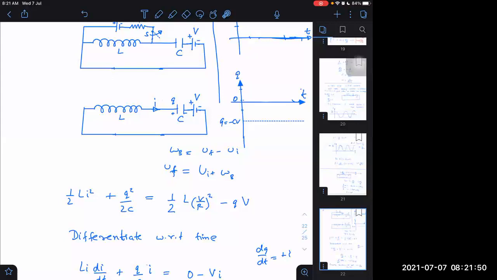CLV squared by R minus Q into. You can get it easily, I think. Tell me what it is? Just a quadratic, because we can get it easily.